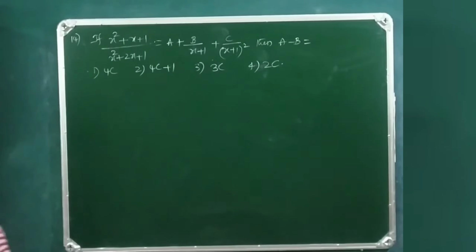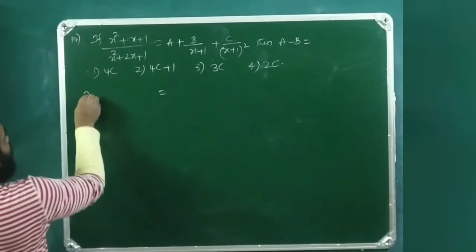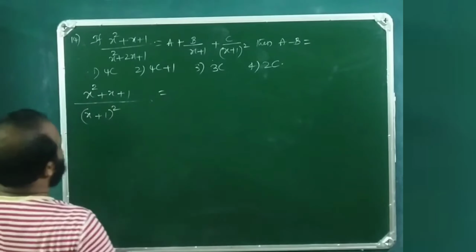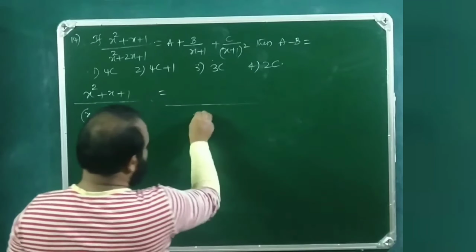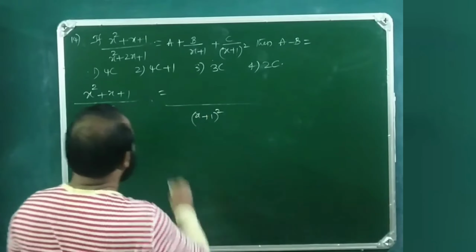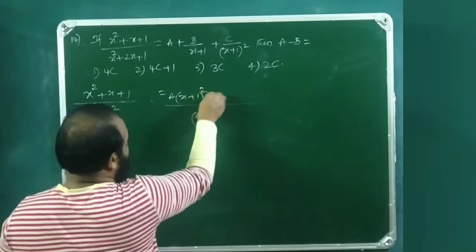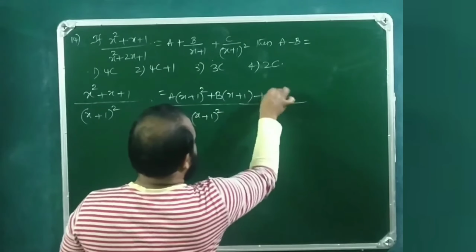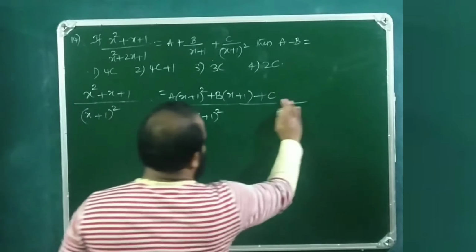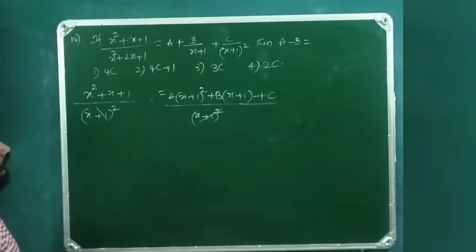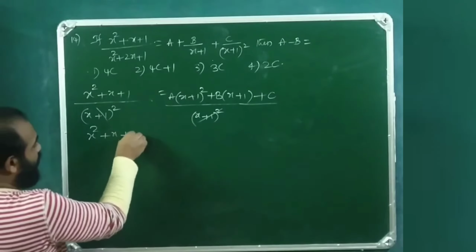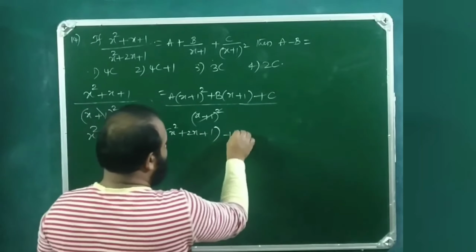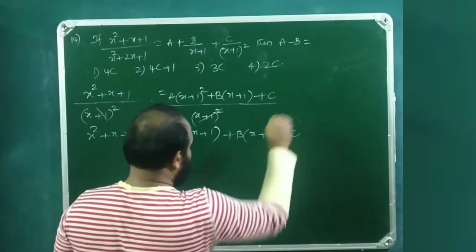So this is equal to (x square plus x plus 1) by (x plus 1) whole square is equal to, the LCM here is (x plus 1) whole square. So this is a into (x plus 1) whole square plus b into (x plus 1) plus c. So x square plus x plus 1 is equal to a into (x square plus 2x plus 1) plus b into (x plus 1) plus c.